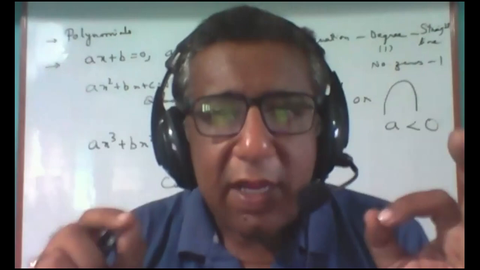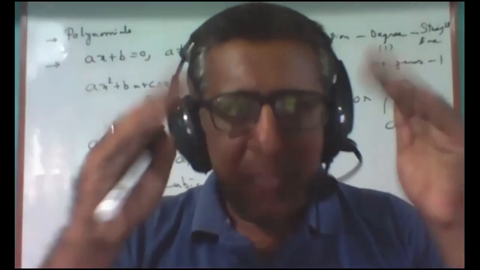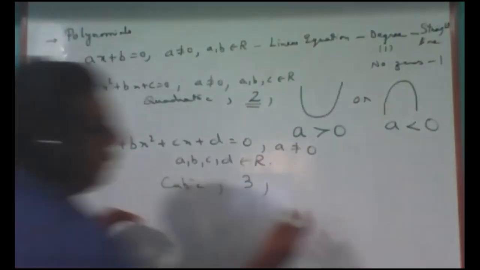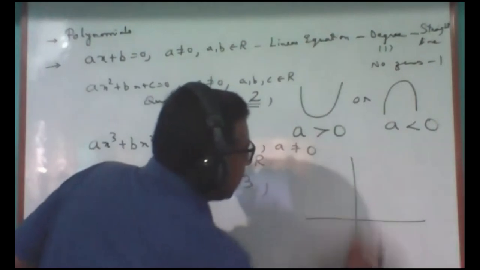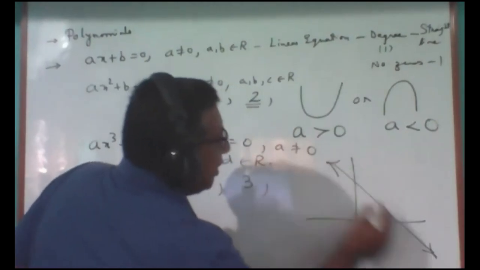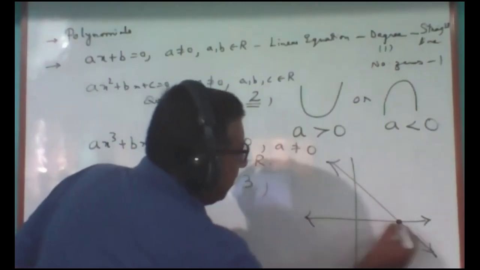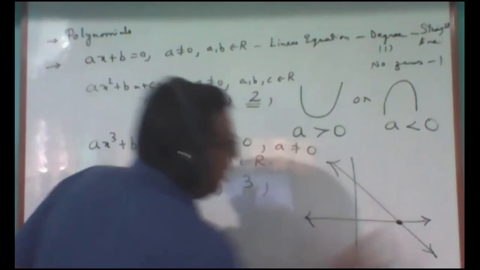Now geometrical representation of the zeros we studied yesterday. In the graph, the points where it cuts the x-axis. Now see this linear equation, when it is plotted, it cuts the x-axis at one point. Then this is 1 zero.